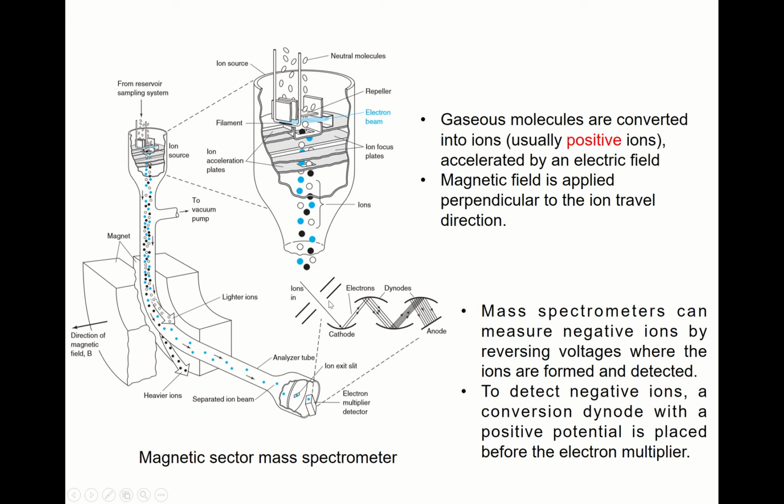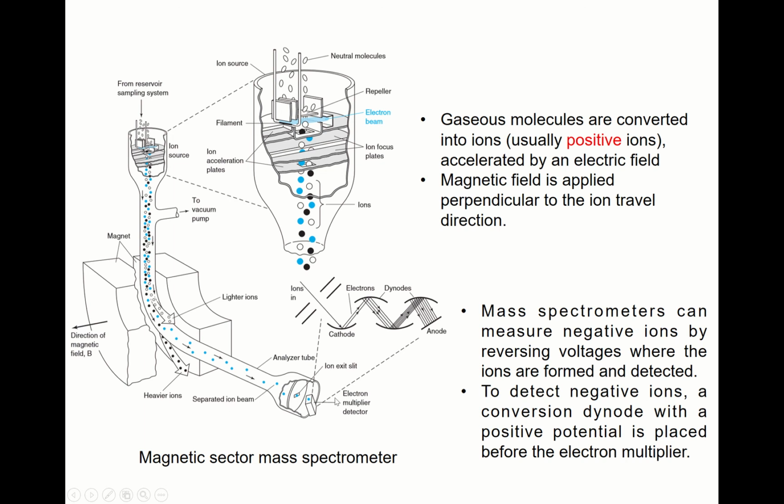And usually, positively charged ions are detected, okay. But depending on how we ionize the species, negative ions may be produced, okay. In this case, the voltage should be reversed, okay. Mass spectrometers can measure negative ions, but that is not a usual case, rather an unusual case, by reversing voltages where the ions are formed and detected, okay.